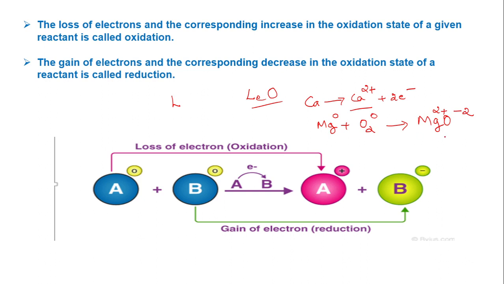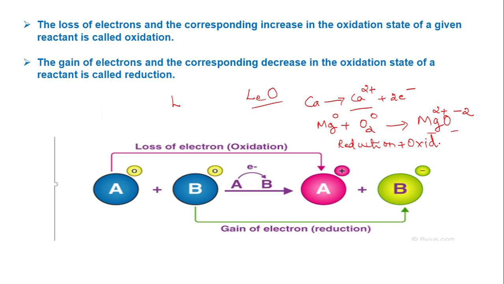That means the oxidation state has been reduced in oxygen, so it is getting reduced, and the oxidation state has been increased in magnesium, so it becomes oxidized. So in this reaction you can see oxidation and reduction together, so this is called reduction plus oxidation.